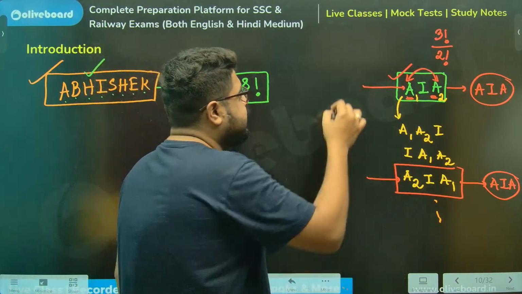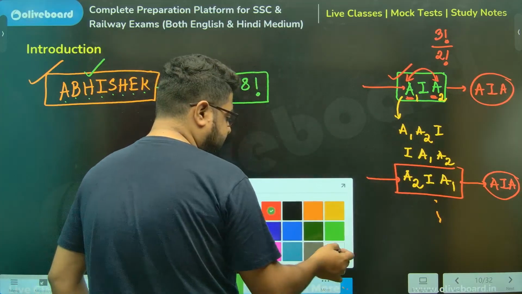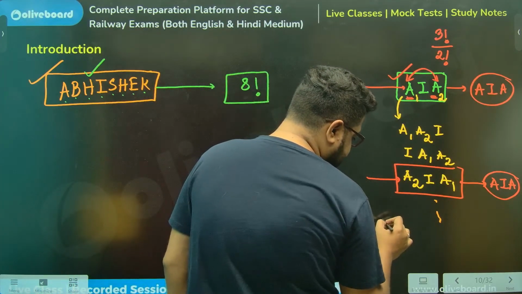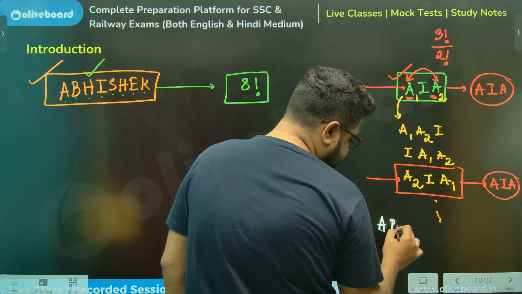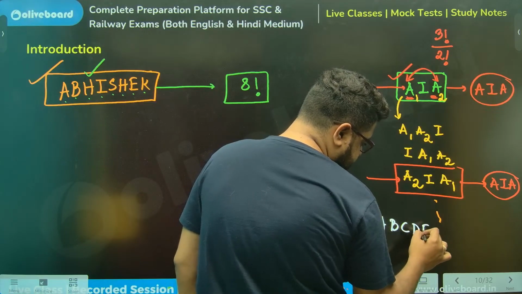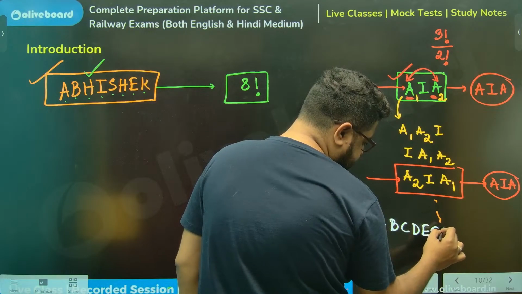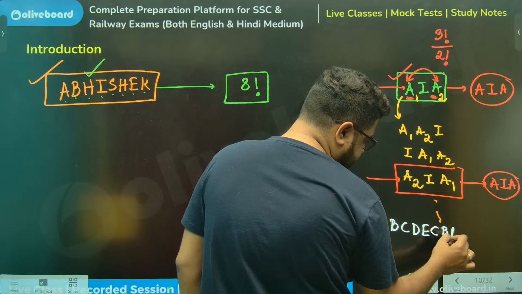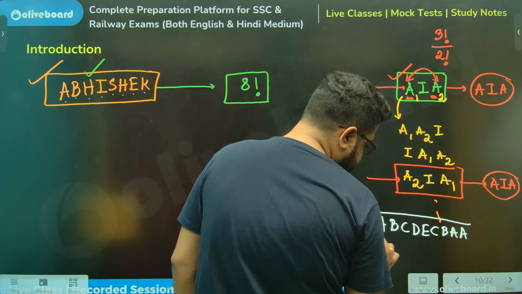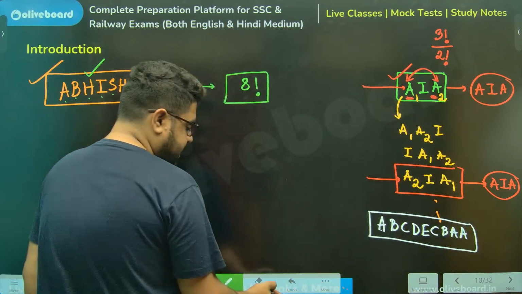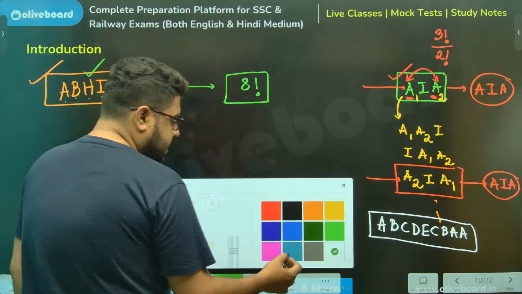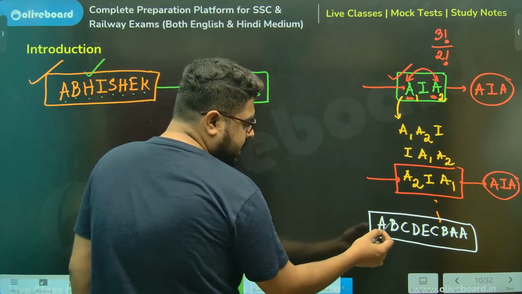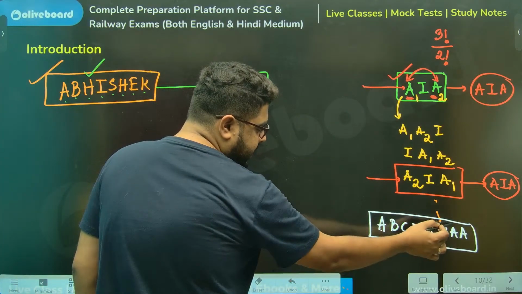If, for example, there was something like A, B, C, D, E, C, B, A, A, then see what happens. Total how many letters? 1, 2, 3, 4, 5, 6, 7, 8, 9.